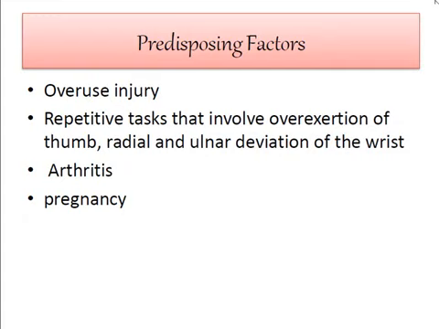De Quervain's has been attributed to myxoid degeneration with fibrous tissue deposition and increased vascularity rather than acute inflammation of the synovial lining. This deposition results in thickening of the tendon sheath, painfully entrapping the abductor pollicis longus and extensor pollicis brevis.